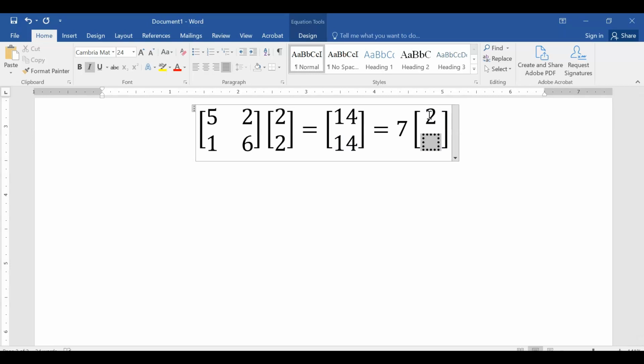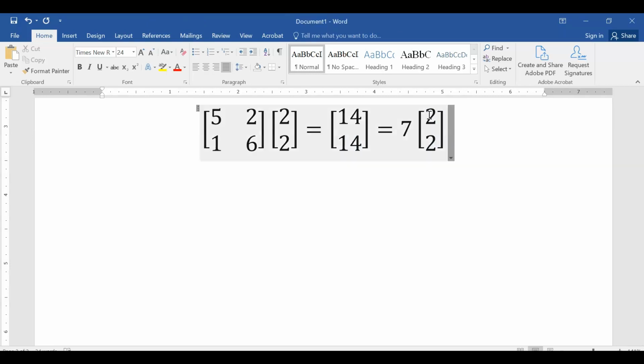Notice that what we came up with is, again, 2, 2 is an eigenvector whose eigenvalue is 7.